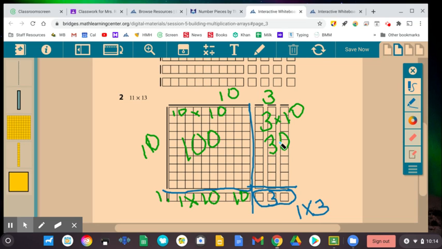Then we add these back together, because if we need to have an 11, we have to add this plus this, which means then we have to add what's on the inside too. So we have to add 100 plus 10 is 110. Looking over here, we have our 10 plus 3 to get 13. So now we have this column to add, which is 30 plus 3, which is 33. And then when we add them, that brings us to 143.